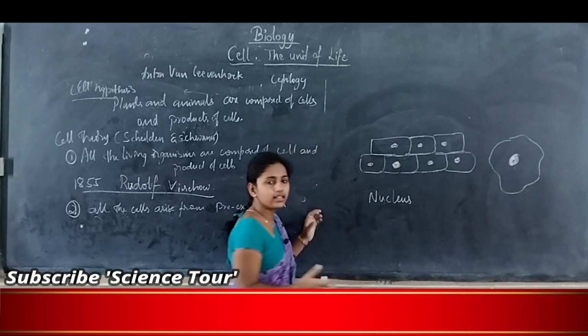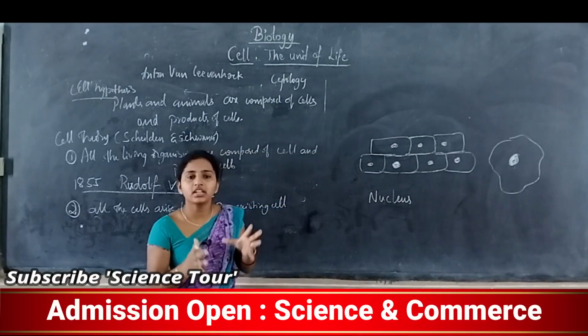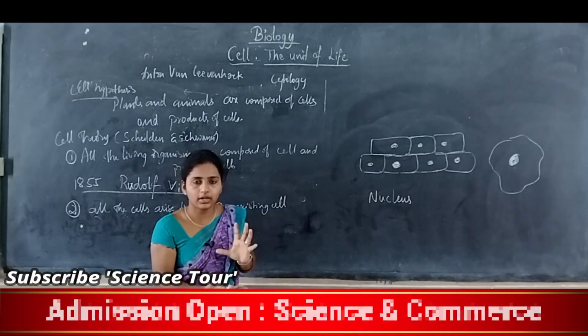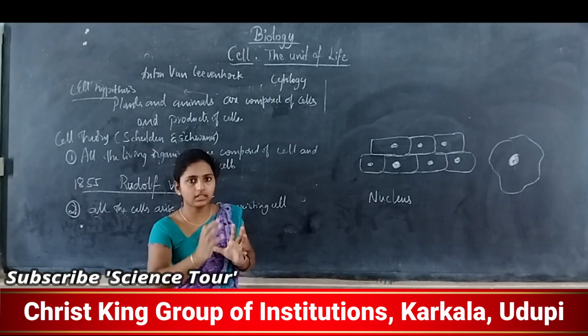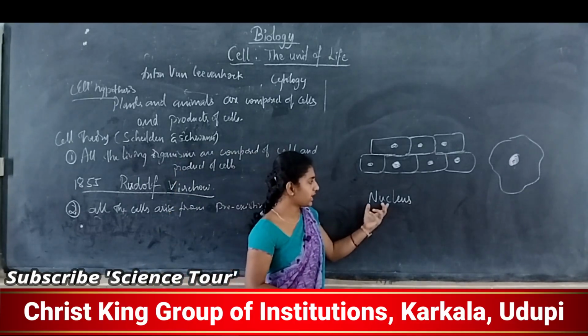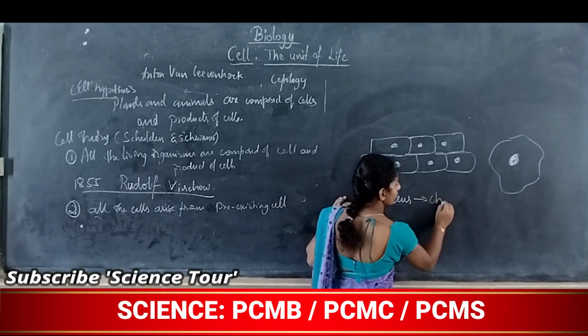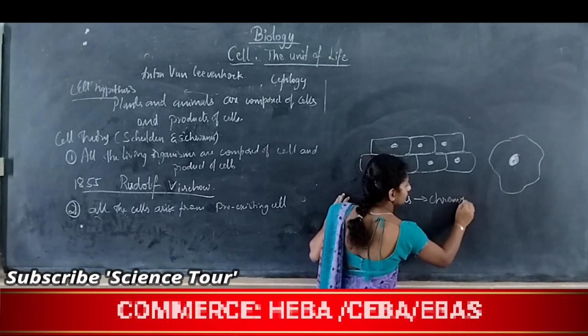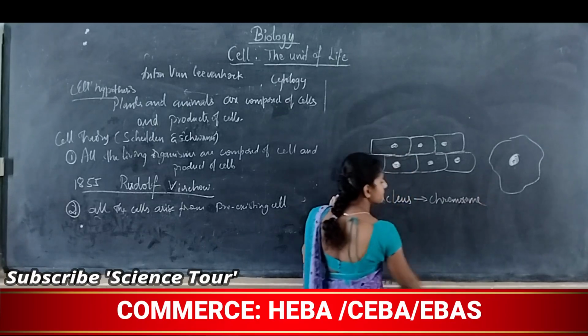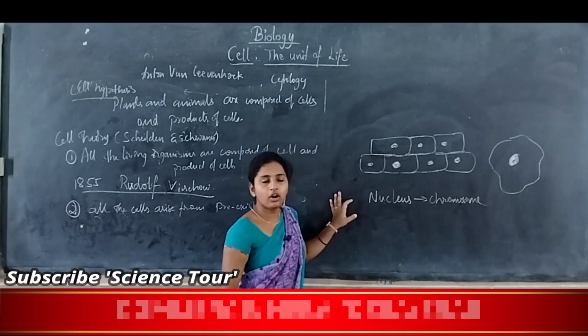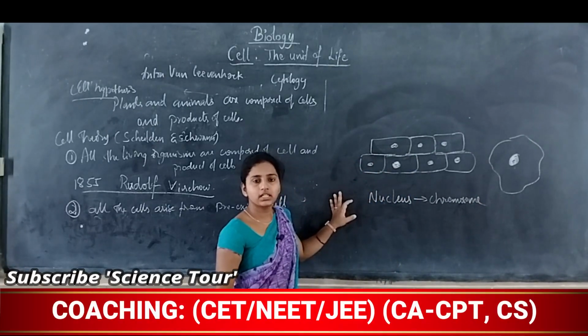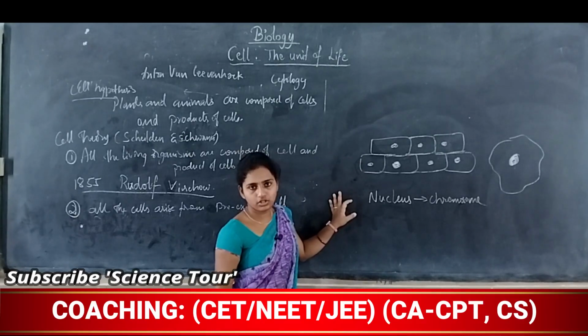It contains a compactly arranged structure covered by a thin membrane. That structure we call the nucleus. Inside the nucleus you can see the chromosomes. I have told you the nucleus is an important part of the cell which guides the various functioning of the cell.